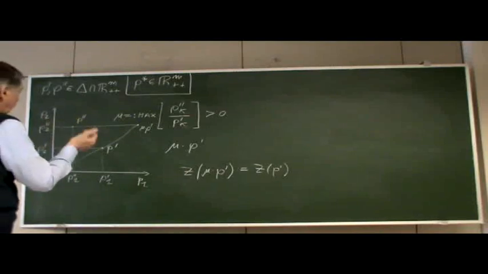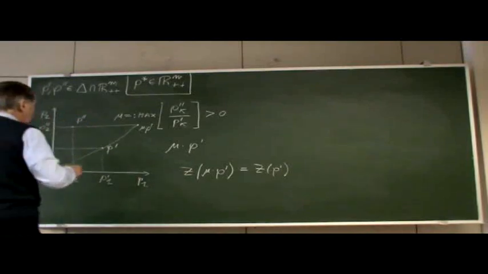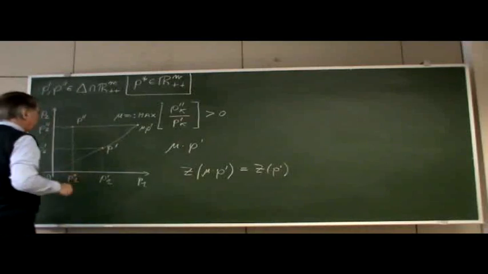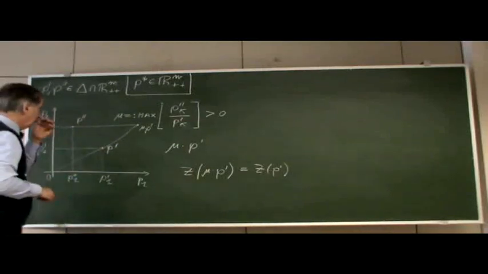In our case, to simplify notation, the good for which there is this maximum increase in the price is good 2.